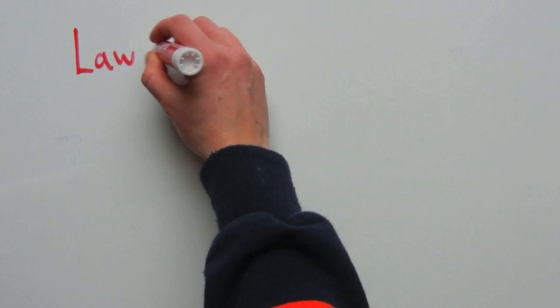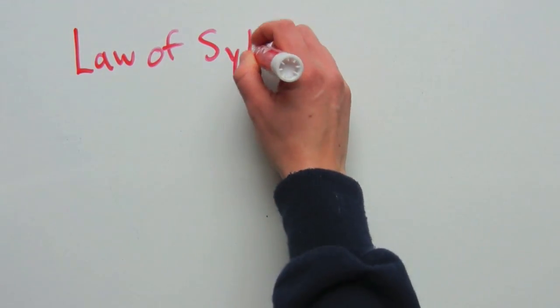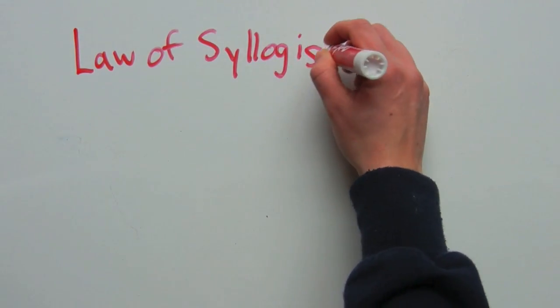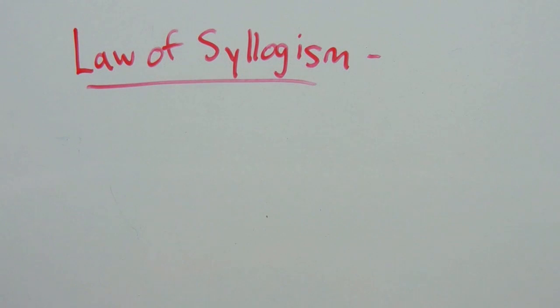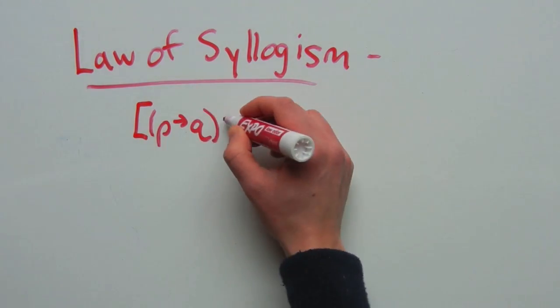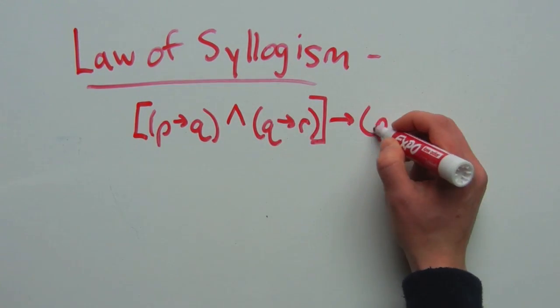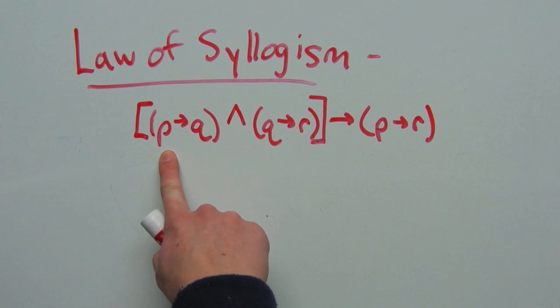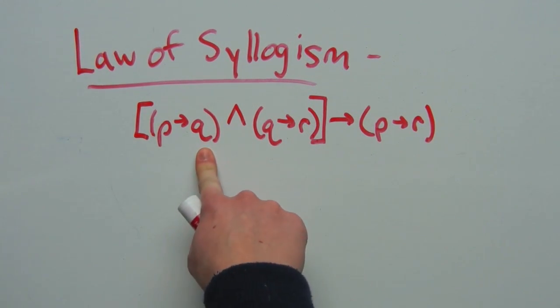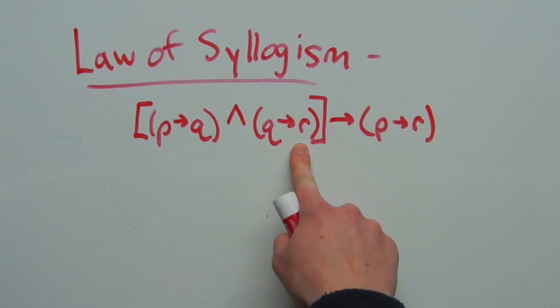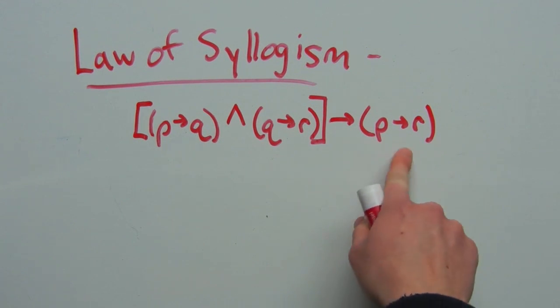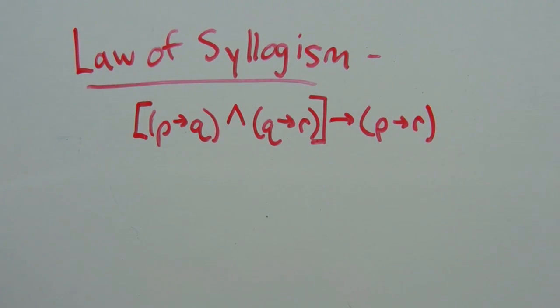Another form of deductive reasoning is known as the law of syllogism. In symbols, the law of syllogism is represented by this, which says that if P implies Q and Q implies R, then P implies R. So let's go ahead and write that in words.